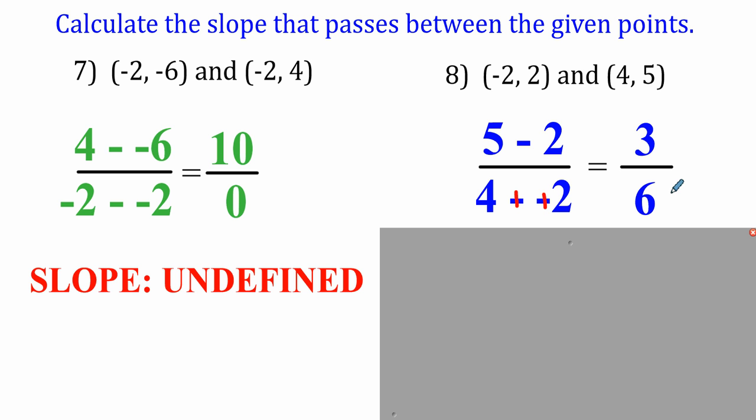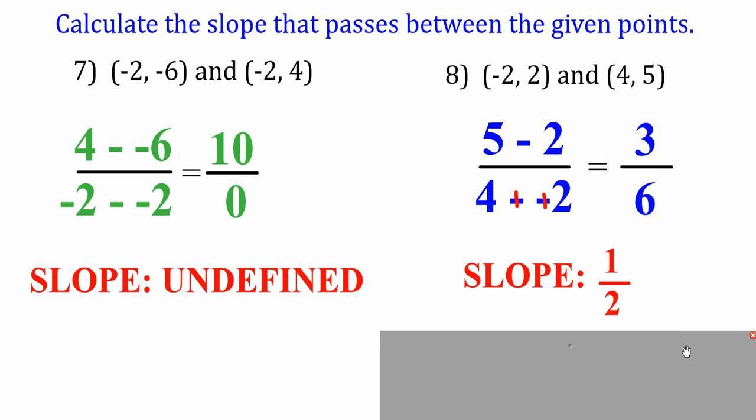Again, try to simplify. 3 is the greatest common factor for each of those that we could divide out, so our slope would be 1/2. What does that mean? To get from point to point on your graph, you go up 1 unit and to the right 2 to create its next location.